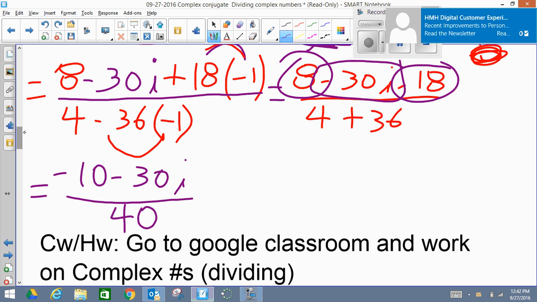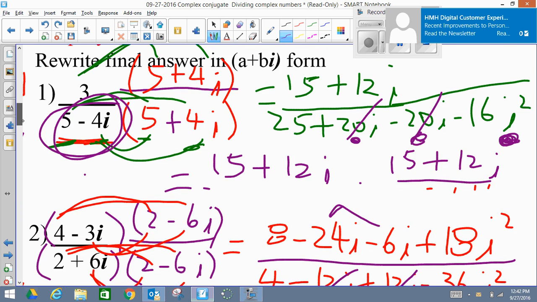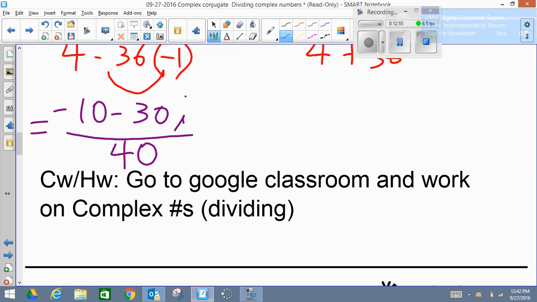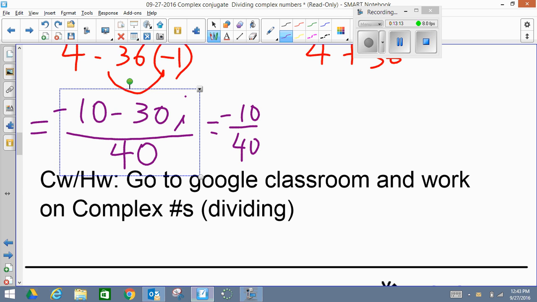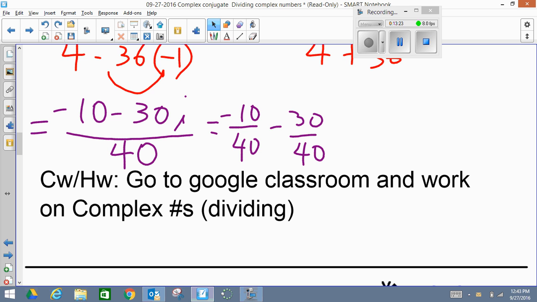Am I done? No, I need to rewrite this in a plus bi form. Oh, I erased it already. Okay, a plus bi form. So if I have fractions, I've got to break both of them. This 40 divides the negative 10, and this 40 divides the negative 30. So I'm going to break it into two, which gives me negative 10 over 40 minus 30 over 40, and at the end, I'm going to write my i.